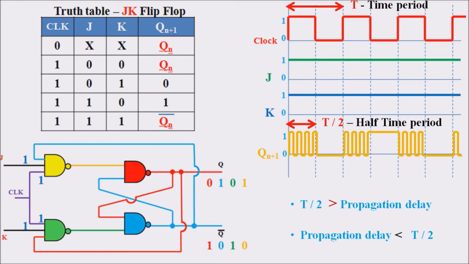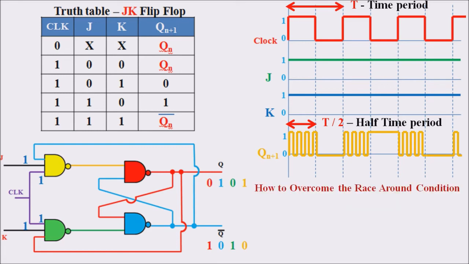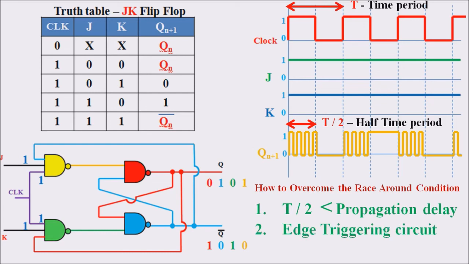So now let us discuss the different ways to overcome the race around condition of a JK flip-flop. The first condition is, if the half time period is less than the propagation delay, then we can avoid this race around condition. The second one is, we can use an edge triggering circuit. Since all these circuits are designed with the help of a level triggered circuit, if we are dealing with an edge triggered circuit, we can overcome this race around condition.